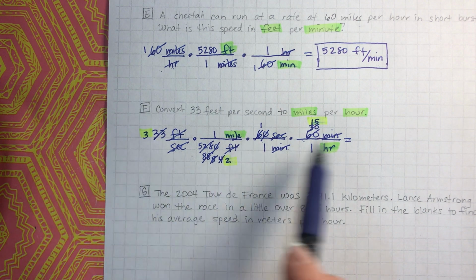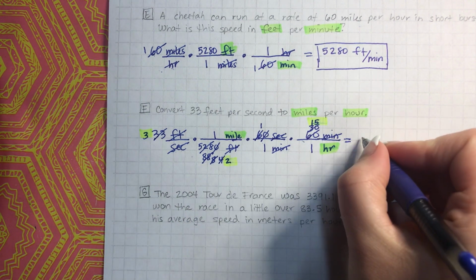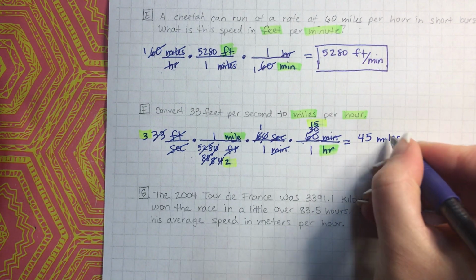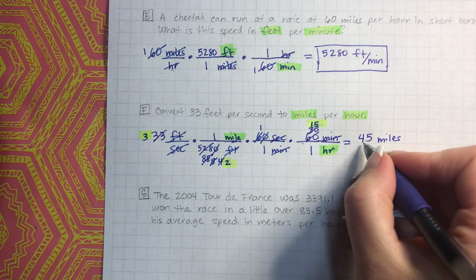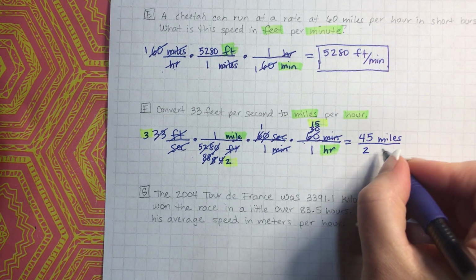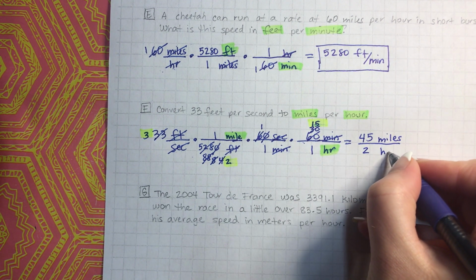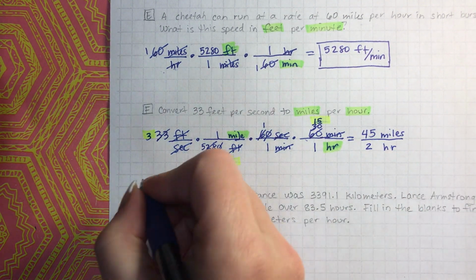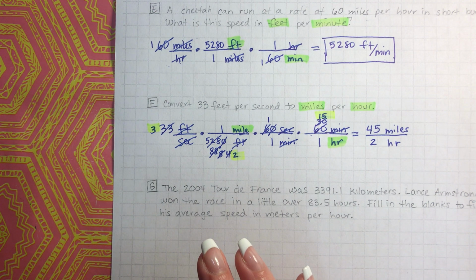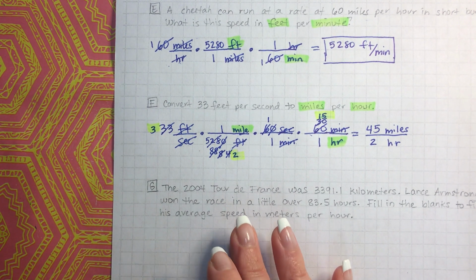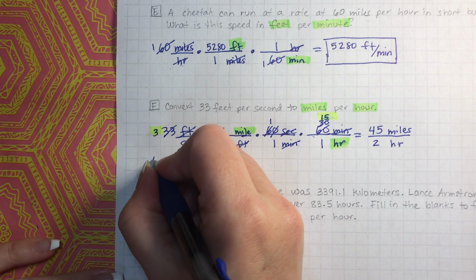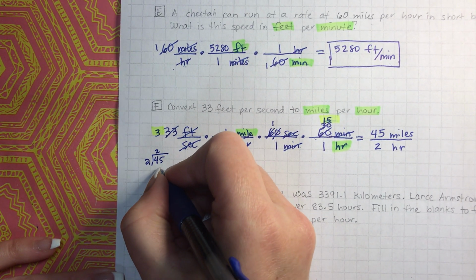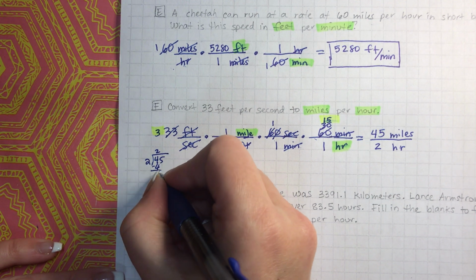3 times, so we're just going to multiply across. 3 times 15 is 45 miles. And then just 2 times 1 over 2 hours, miles per hour. And it's got to be per 1 hour, right? So we got to go 45 divided by 2. I'm just going to go ahead and do that over here. 45 divided by 2. 2 goes into 4 2 times. 2 times 2 is 4.